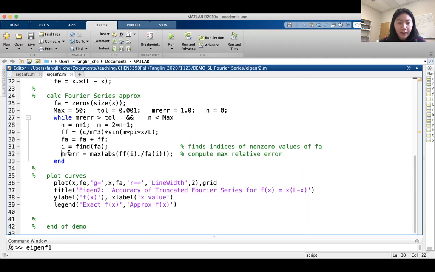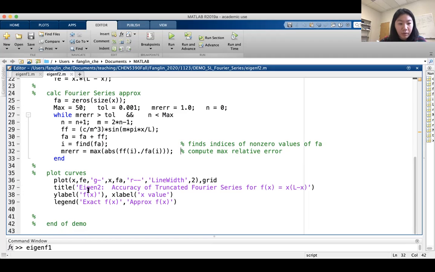Because this is in vector format, for all the x values in this vector, whenever the relative change of the sum is bigger than the tolerance, we will keep looping. But if that relative change is smaller than the tolerance, we will stop this loop.